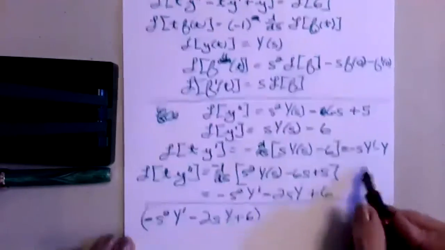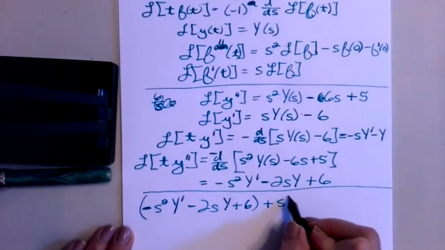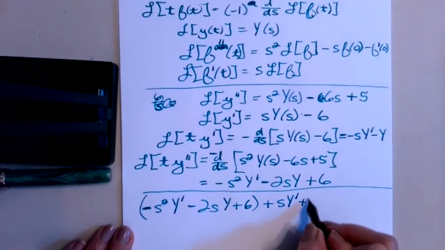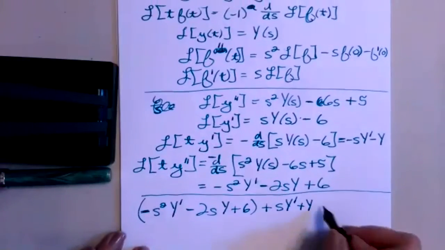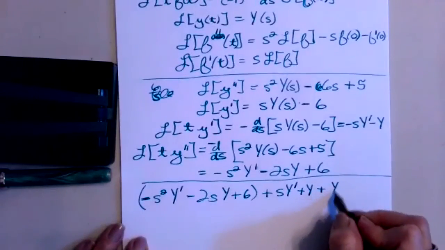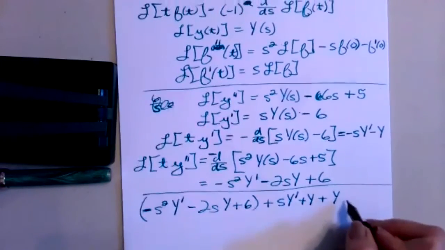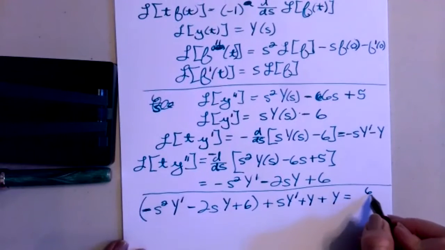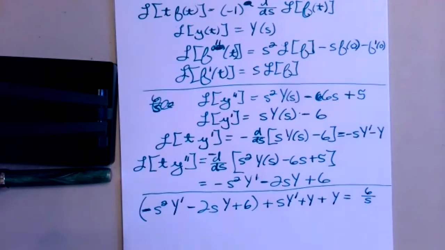So minus this thing, that will be a plus sY prime plus Y, plus the Laplace transform of y, is the Laplace transform of 6, which from the chart is 6 over s, if I remember correctly.